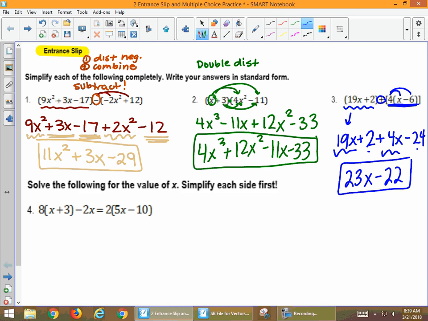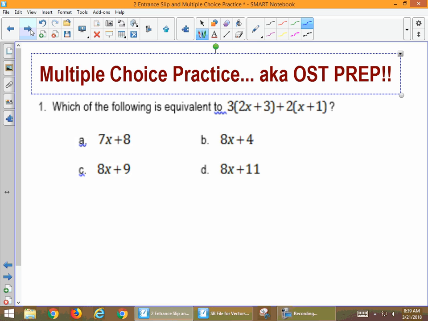Let's go to this page right here. We'll do the first 7 together and then give you some time to work. Now, all of these are multiple choice, also known as OST prep. Honestly, everything we're doing from now till the end of the year is either prep for the OST or prep for geometry, one or the other.